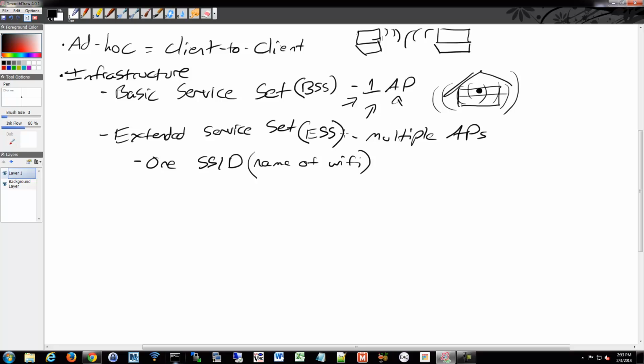These multiple access points will all be displaying the same SSID. So if we have a couple of access points here, they would all be broadcasting whatever we want to call it, like home could be my SSID.